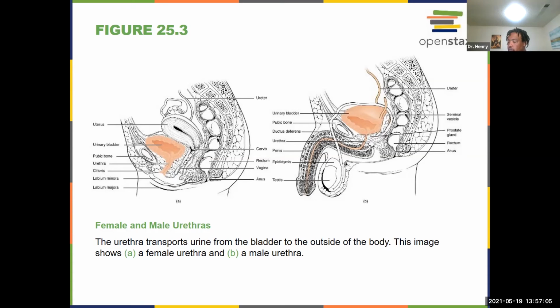Now, if your volume is low, say 300 to 500 milliliters of urine, so that's about 0.3 to 0.5 liters, that basically means you're dehydrated.